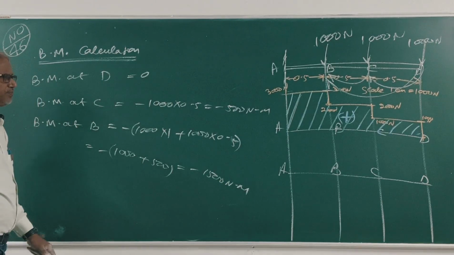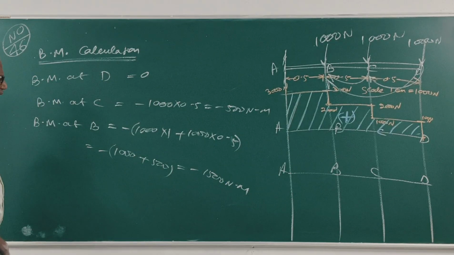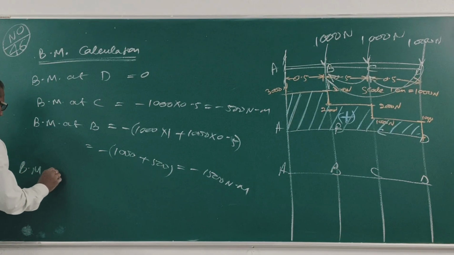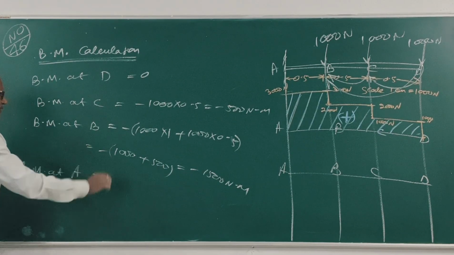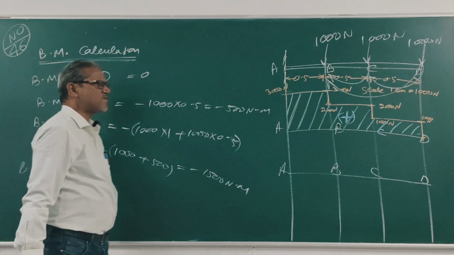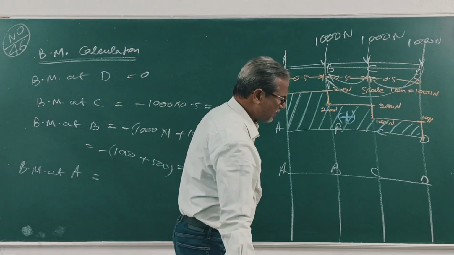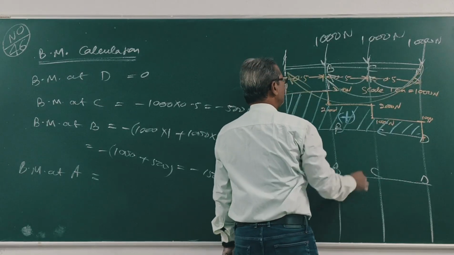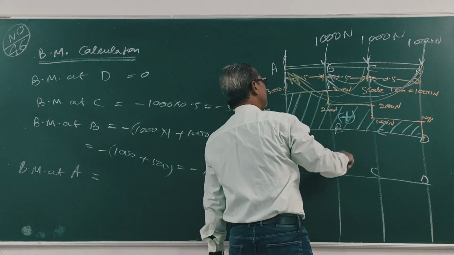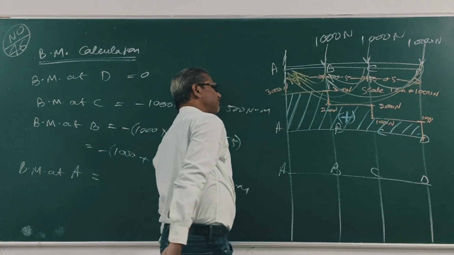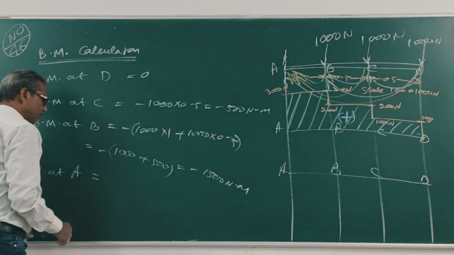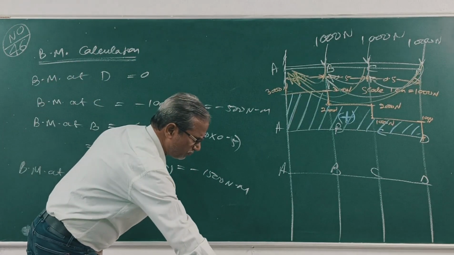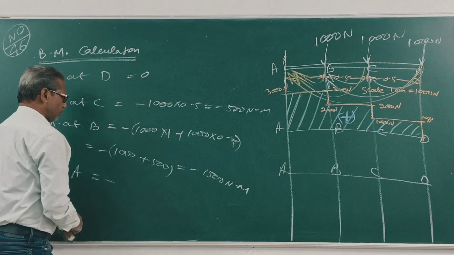At A, bending moment at A is 1000 into 1.5 plus 1000 into 1 plus 1000 into 0.5. Clear? All are downwards, so this is negative. Right, clockwise negative.